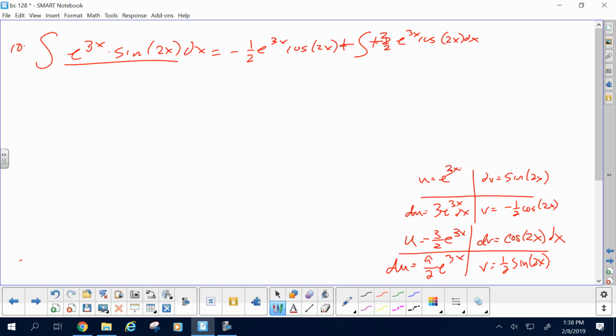Okay, now plug in that guy. Because it's a positive, I don't need to put brackets around this, but if this were minus, I would put brackets around it so I distribute the negative. uv is 3/4 e to the 3x sine of 2x minus v du is 3/4.